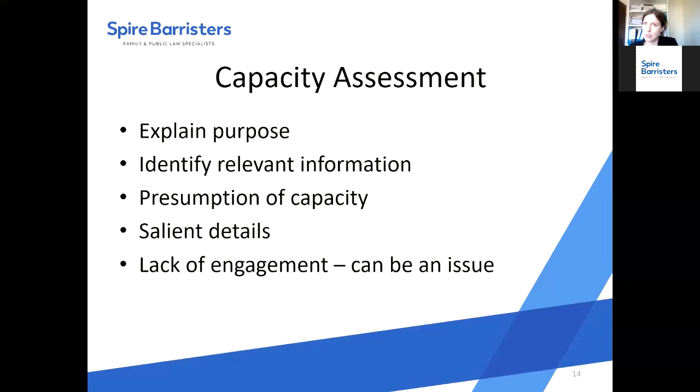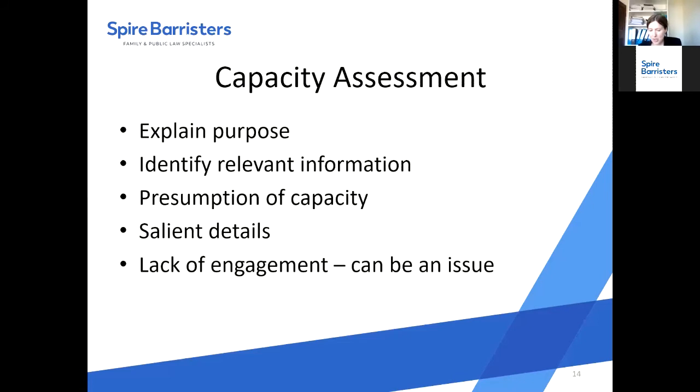It's good practice to set out the principles, which most BIAs do, I have to say, when they're doing a capacity assessment within a Form 3. They do talk about the presumption of capacity, and the need to take all practicable steps. And that shouldn't just be lip service, and I'm not suggesting that it is, but if you can demonstrate that that's been taken into account, I think that's really useful.